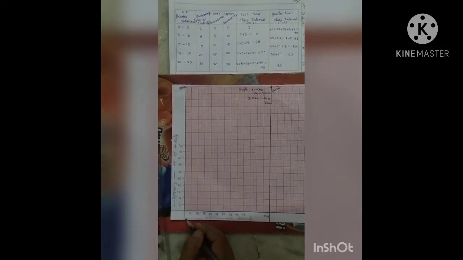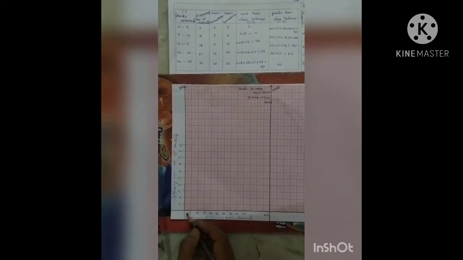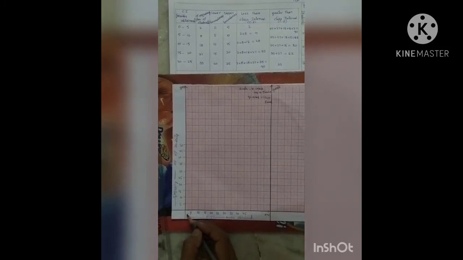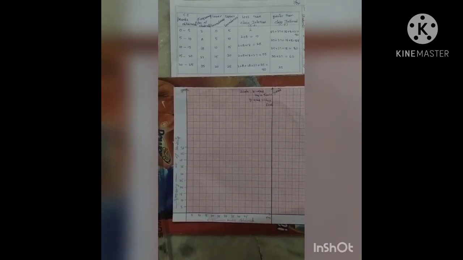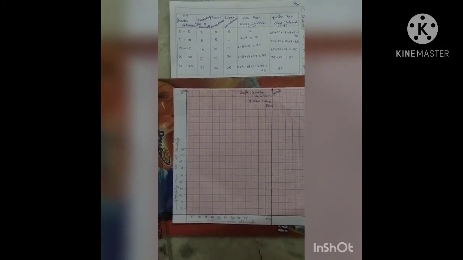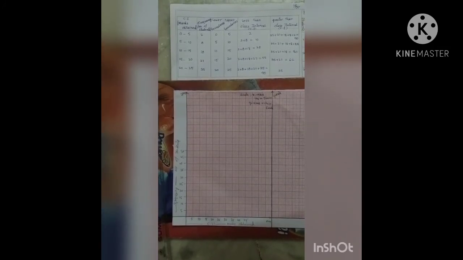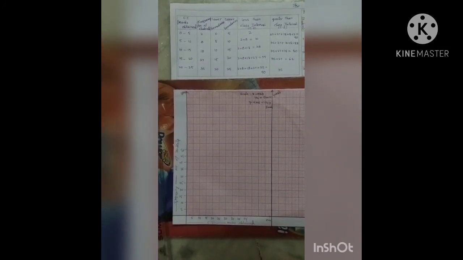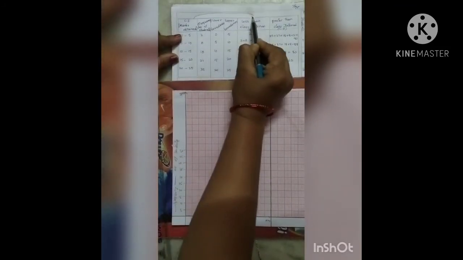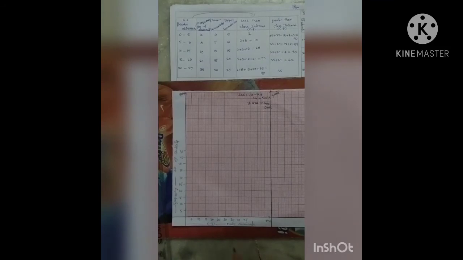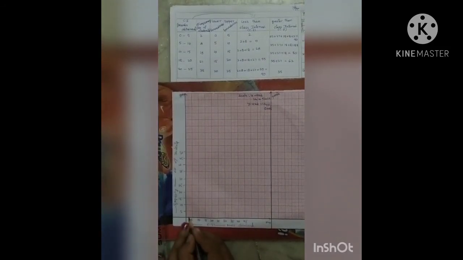So what is the frequency here? 2. The less than frequency is 2. Then we have to take the class interval. Okay children, the first one is 5 to 2.